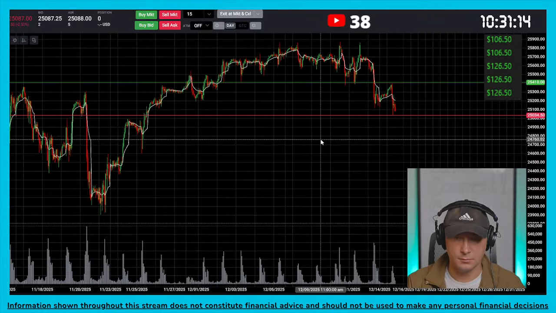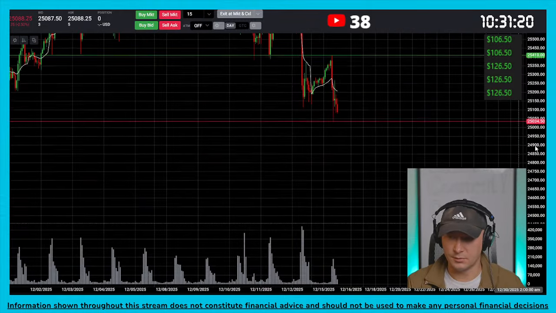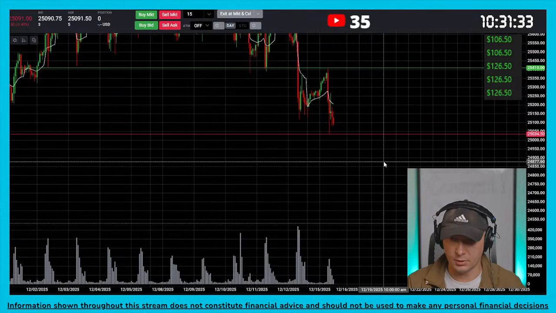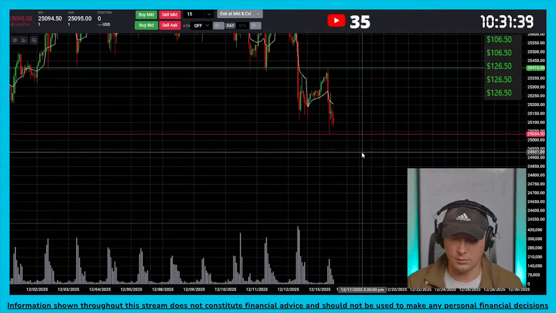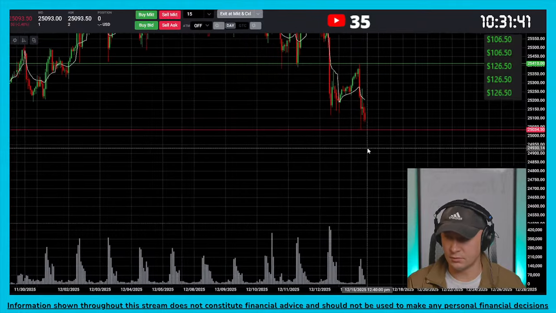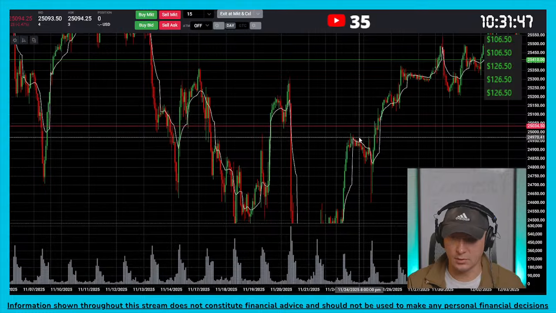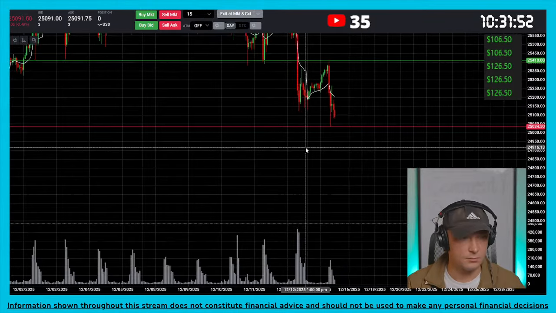Well, it doesn't show on this contract, but the gap fill would be from the contract change. So on this contract, that would be approximately 24,950, I think. Yeah, about 24,950, 24,970 for the gap fill. That would be about the top of here, approximately here, if it does go.